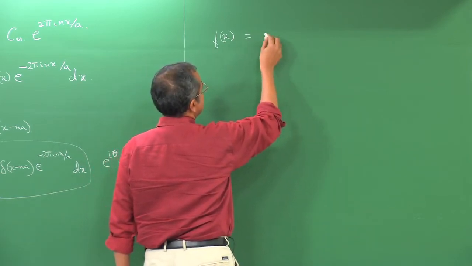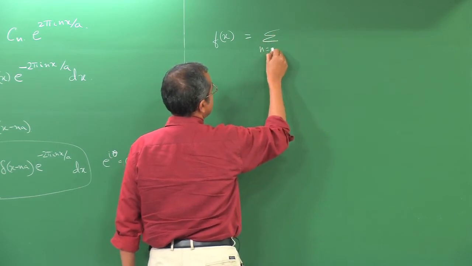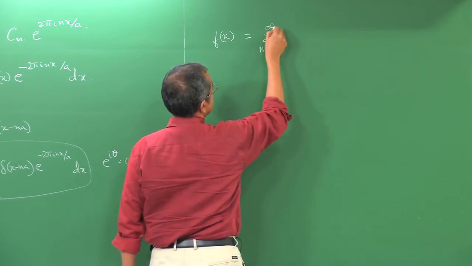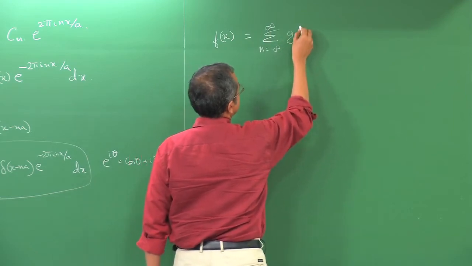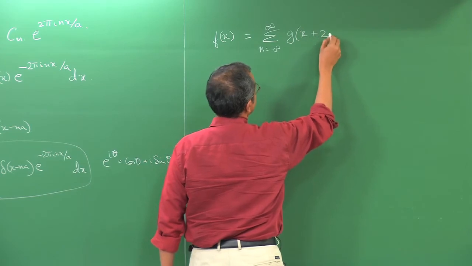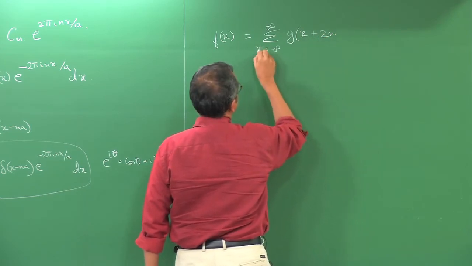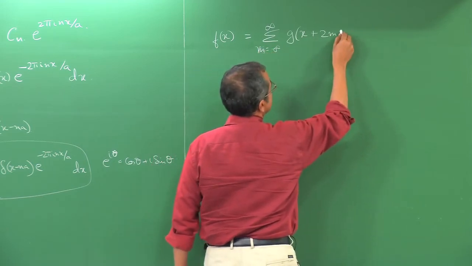So, basically you can write this as the sum of n equal to minus infinity to plus infinity of g of x plus 2 m pi.